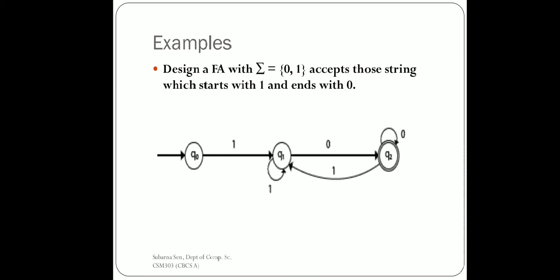If we reach Q3, we are not able to move anywhere else. That's why the term is dead state, meaning no more movement is possible. So this is another approach of designing a DFA, and since in a DFA we can determine everything, it is better to incorporate the concept of a dead state as well. So we incorporate Q3 here, and for the 0 transition at Q0 we move to the dead state. Okay.